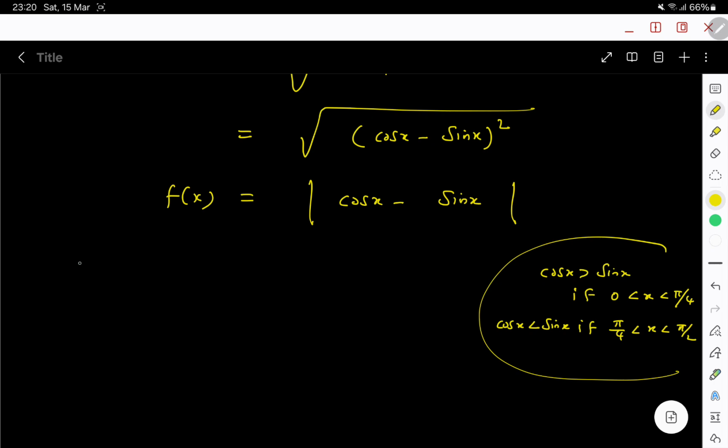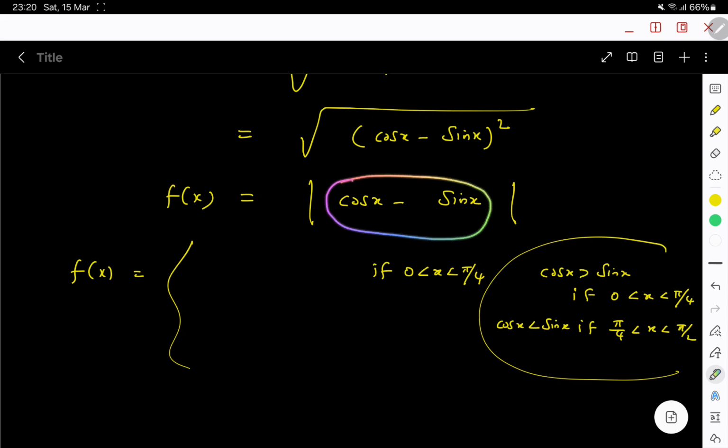So I am writing this as f of x equal to: if x is greater than 0 and less than pi by 4, in 0 to pi by 4, cos x is greater than sin x, therefore cos x minus sin x is positive, so modulus of a positive value equals the same value. So we get cos x minus sin x.